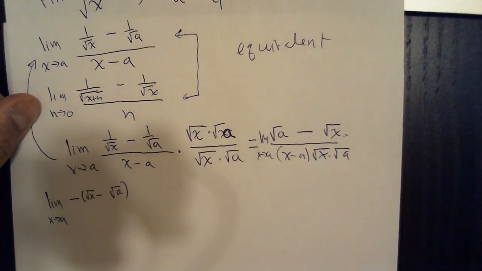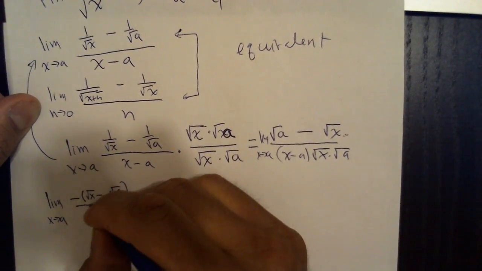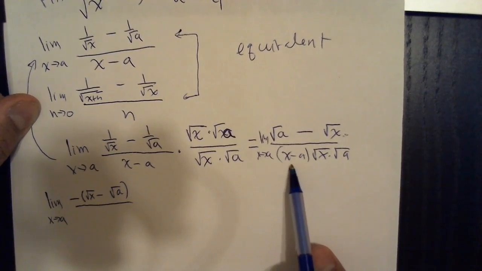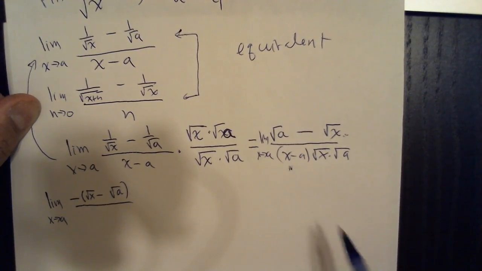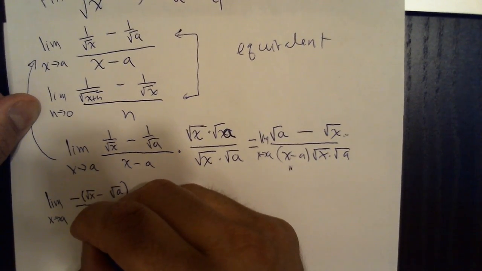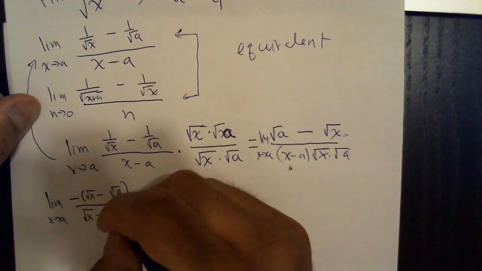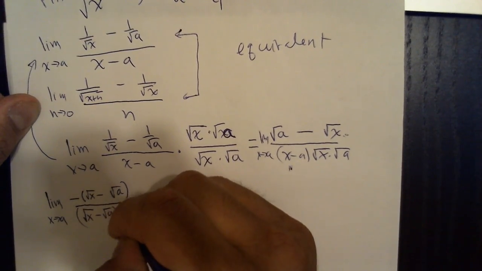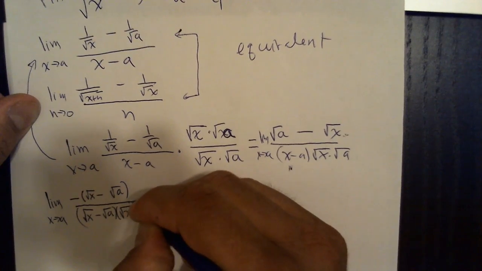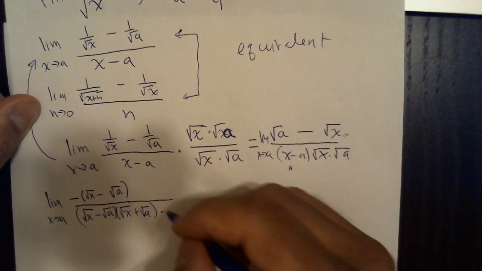I'll factor out a negative, and use the factoring technique where I treat x minus a as a difference of squares: the square root of x minus the square root of a, times the square root of x plus the square root of a. I'll leave the rest as is.